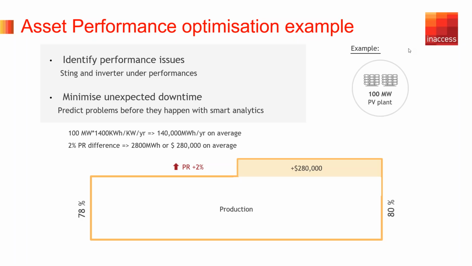So with an average production of 1,400 kilowatt hours per kilowatt per year, this 2% difference in PR translates into a 2% difference in produced energy, which is 2,800 megawatt hours per year.